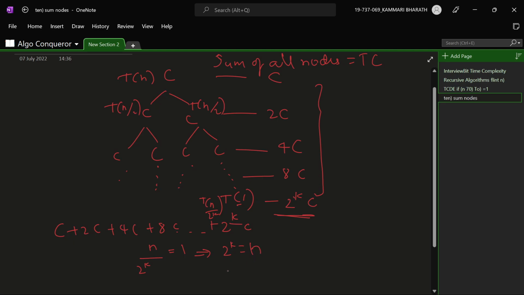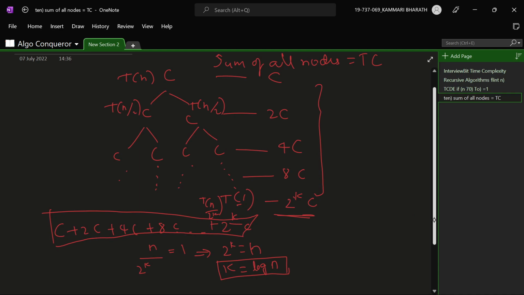Apply log on both sides, which will give you k is equal to log n. You got the k now. You got the level. You have to find out this sum to get the time complexity.